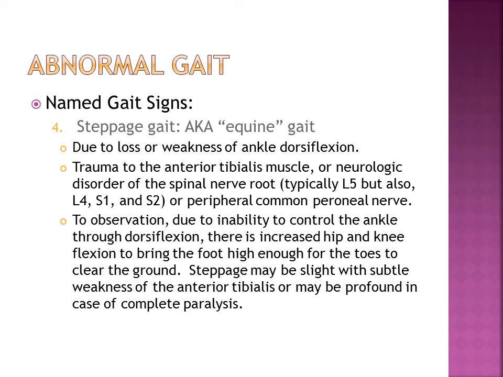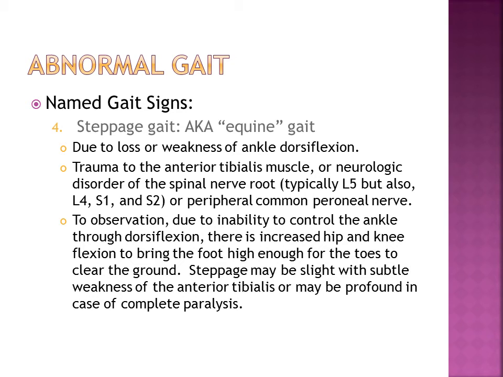And with a steppage gait, what you're going to see is an inability to control the ankle through dorsiflexion, an inability to dorsiflex the ankle. As a result of weakened dorsiflexion, you're going to see increased hip and knee flexion in order to bring the foot high enough for the toes to clear the ground.